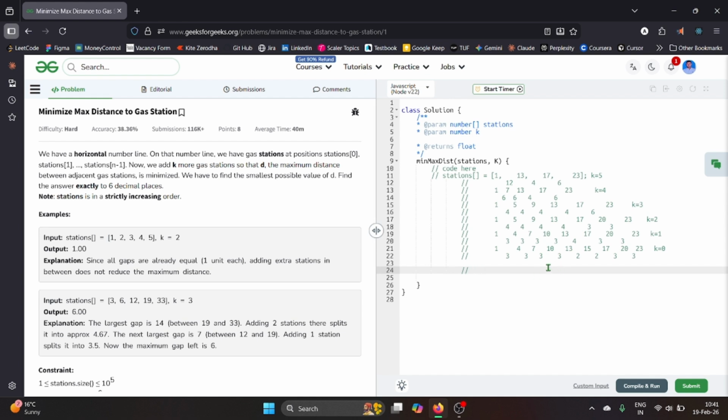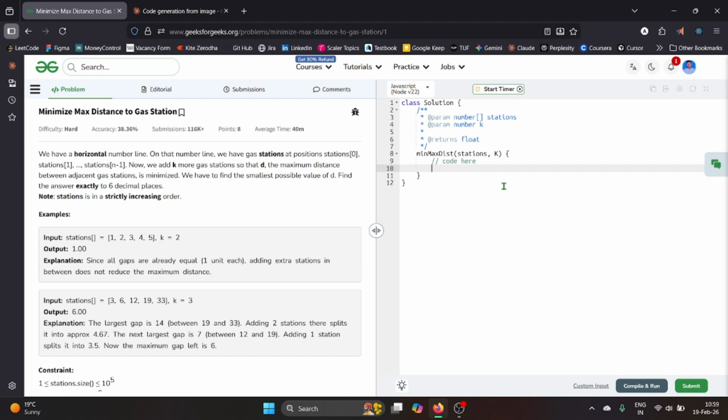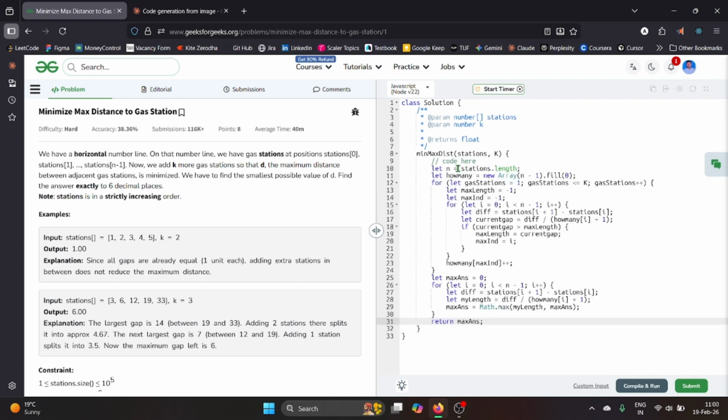That is, the minimum distance is equal to 2, and the max distance is equal to 3 after putting all the gas stations. So we have discussed its identification, problem statement, and explanation. This is the brute force approach for these questions, and we can apply it to find the answer.